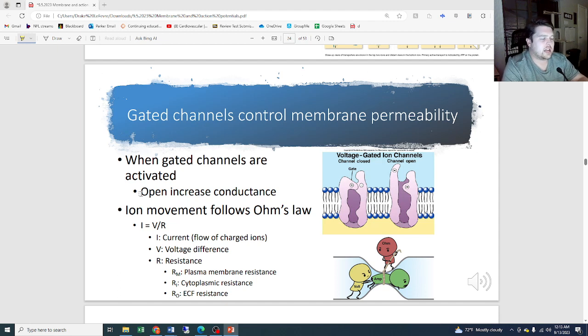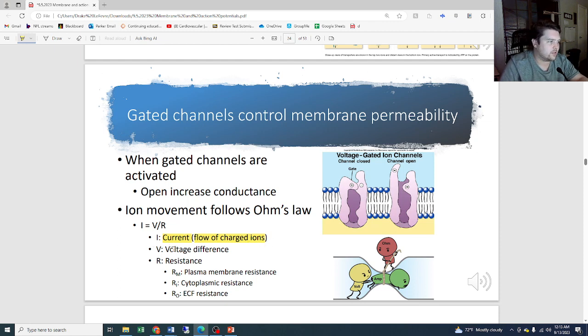So when these channels open, then you get conductance. Conductance means that there's going to be flow, in this case, of the ions, and that generates what's current. The flow of the charged ions, just like how electricity is flow of electrons, is going to be your current.